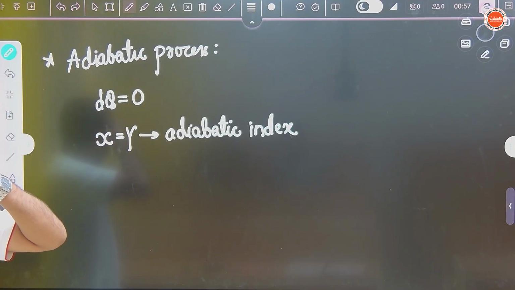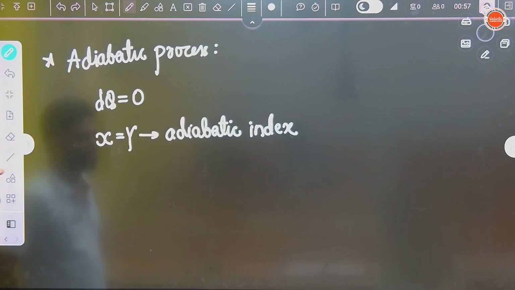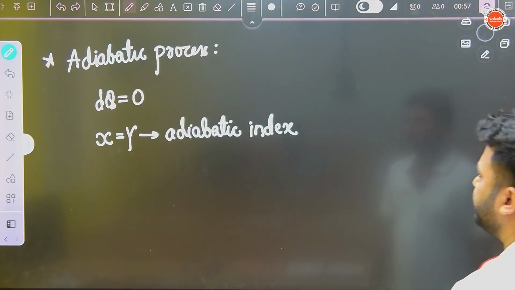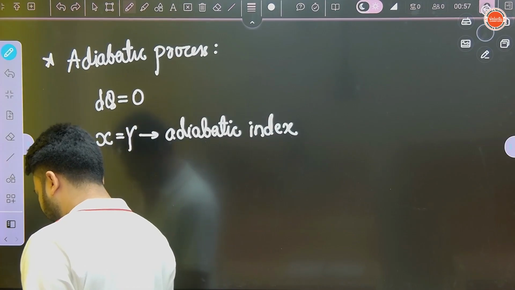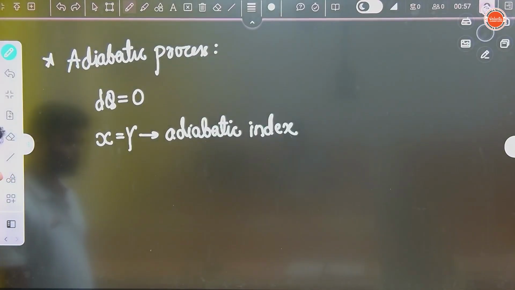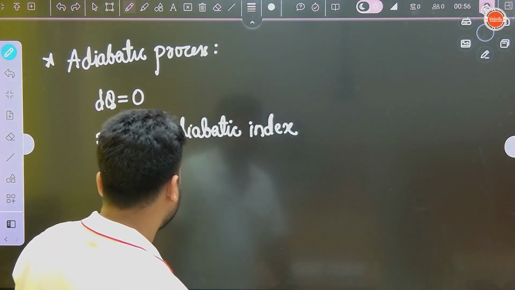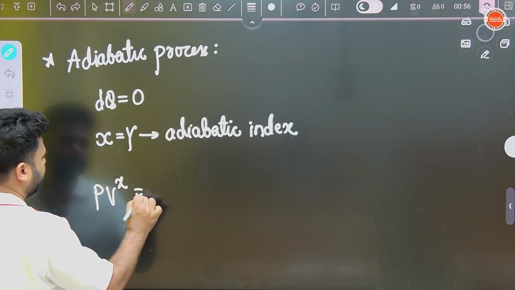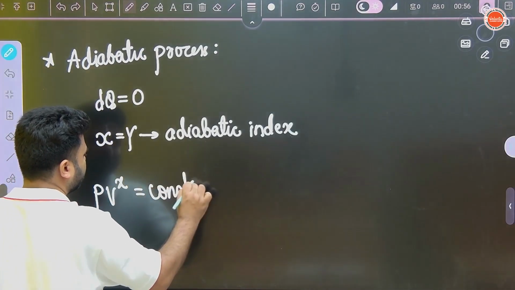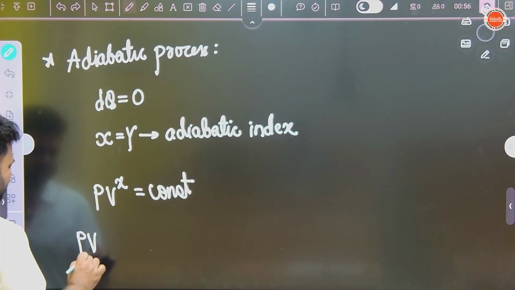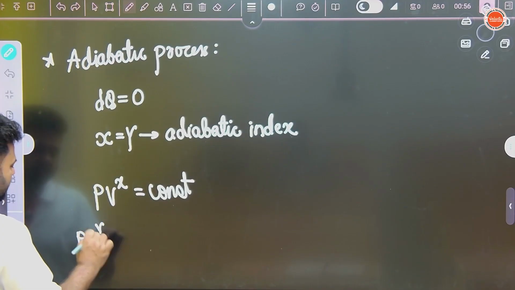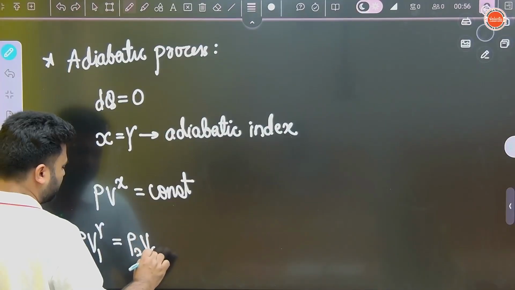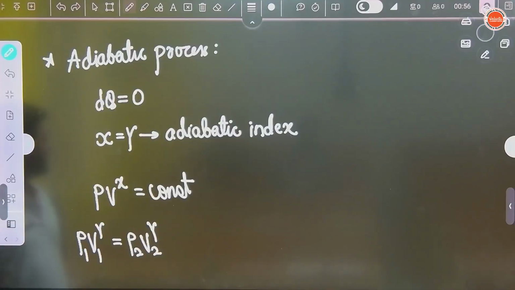So we know that PV to the power x equals constant. In an adiabatic process, we can always write P1 V1 to the power gamma equals P2 V2 to the power gamma, because x is nothing but gamma. So this value is constant.